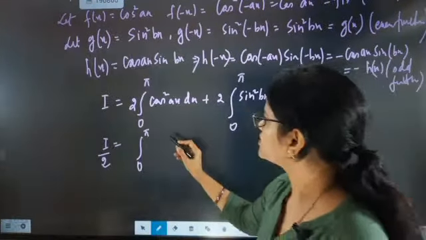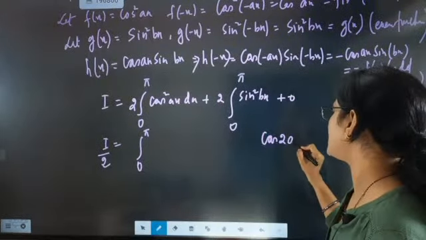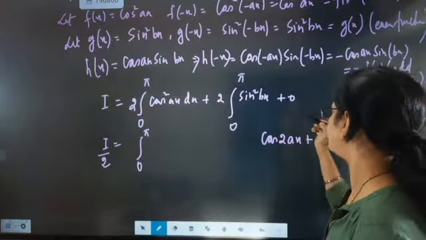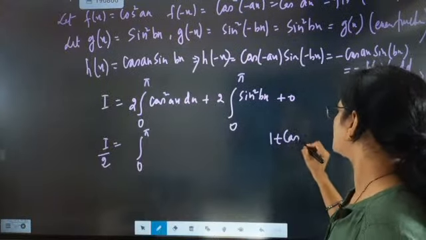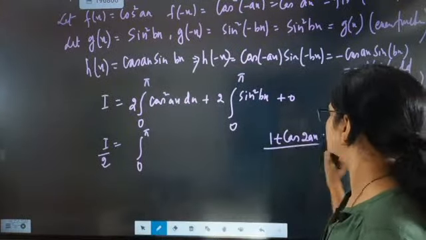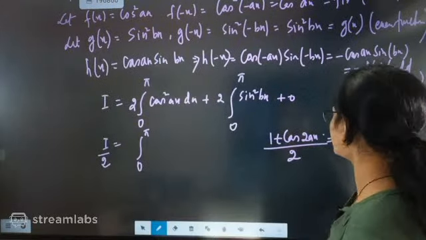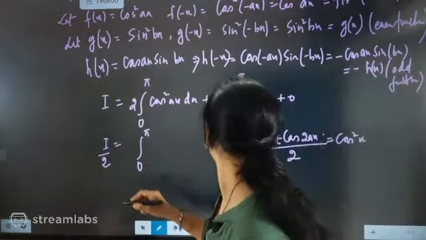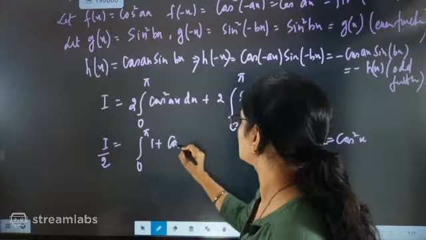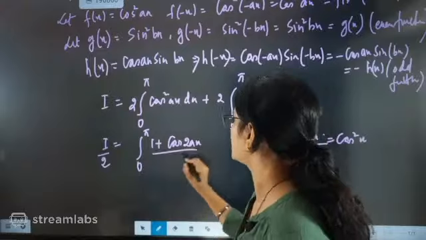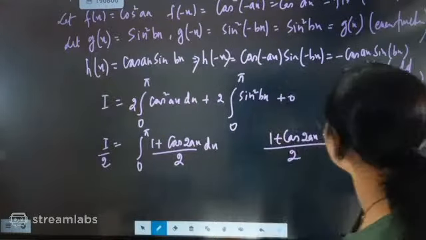So 1 plus cos 2ax, by 2, is equal to cos square ax, from 0 to pi.